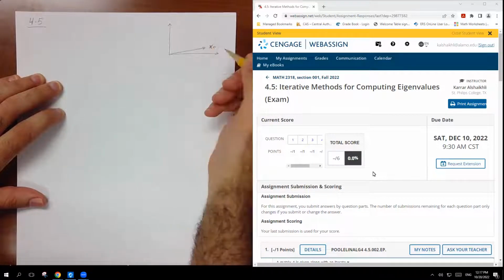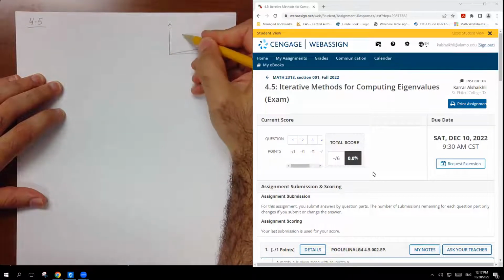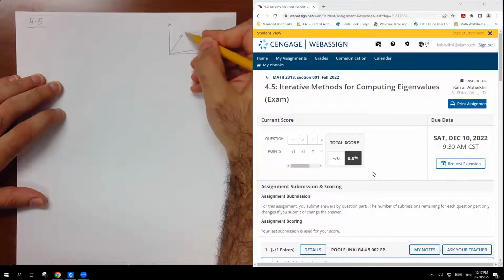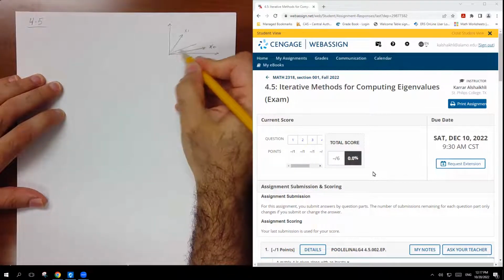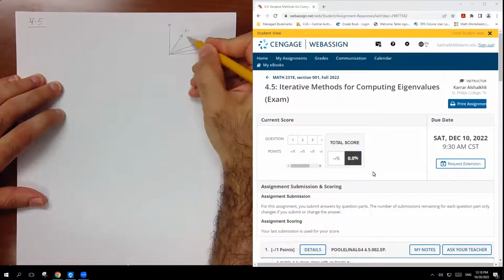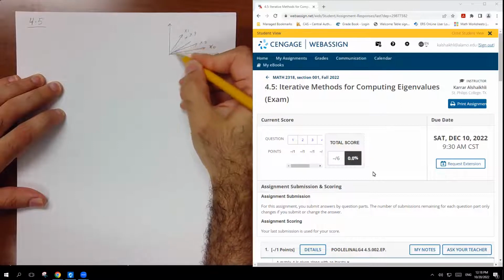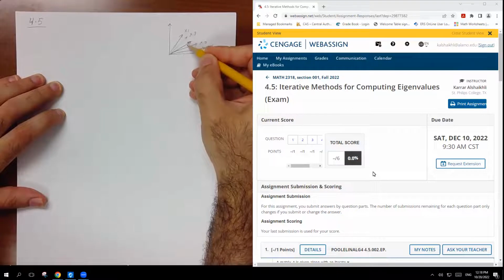Then our next step, x1, is going to be here. We're going to find x1. Next step, we're going to find x2. Then we're going to find x3 and keep going until we reach the exact solution. That means we're going to approach the exact solution from both sides.